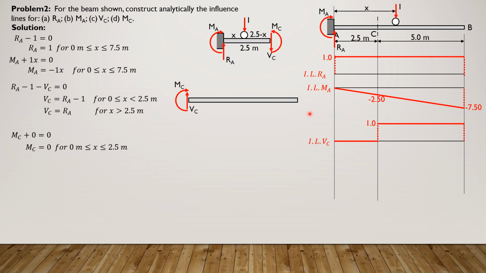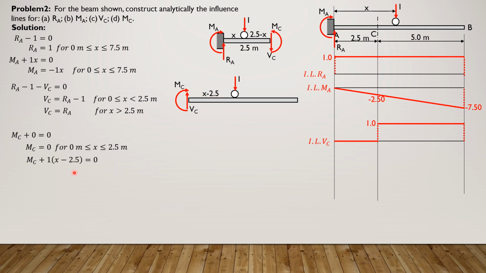But beyond that, the unit load is now on this span. Then we have summation of moment about C equals 0. So MC, and this distance is x minus 2.5.